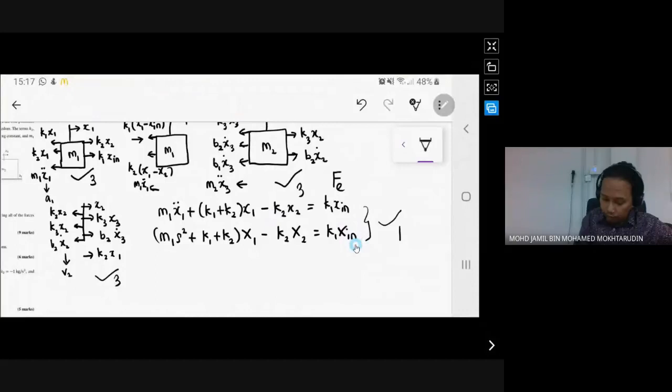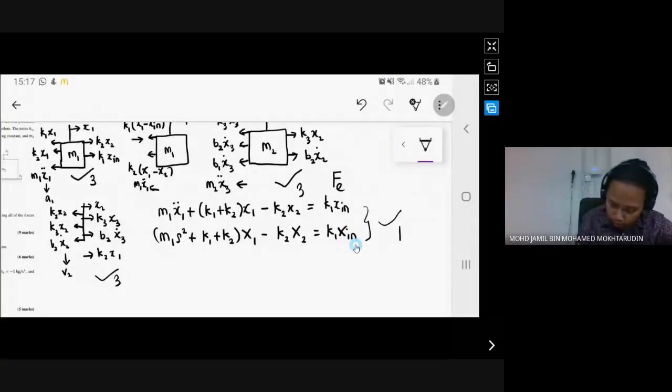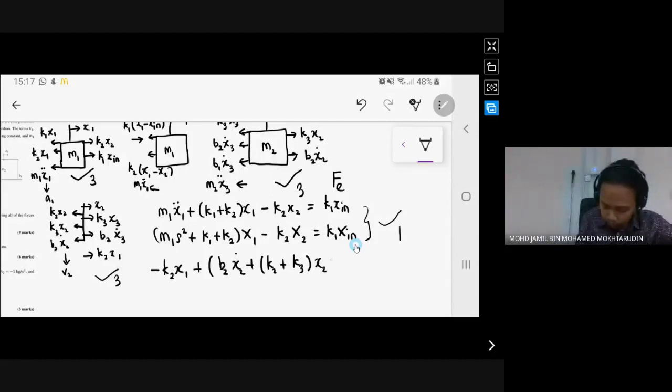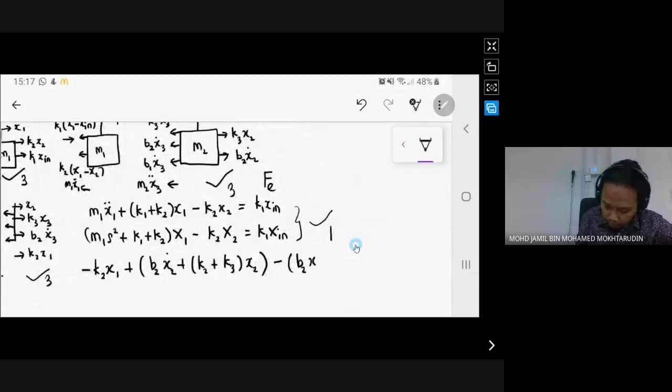Okay, and then we write the equation of motion for free body diagram X2. So for free body diagram X2, you have minus K2 X1 plus B2 X2 dot plus K2 plus K3 X2 minus B2 X3 dot plus K3 X3 equals 0.